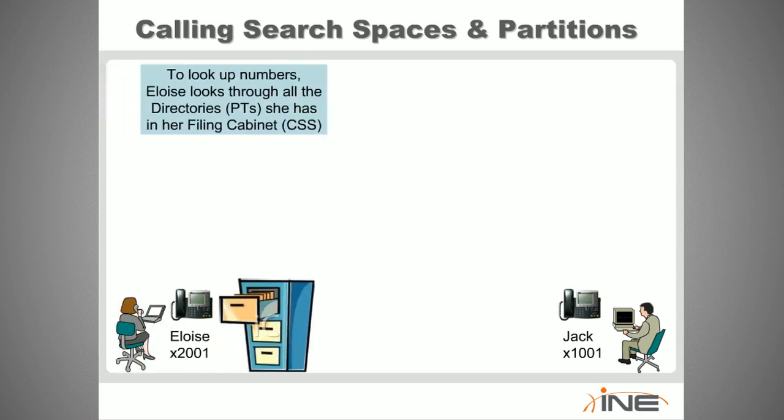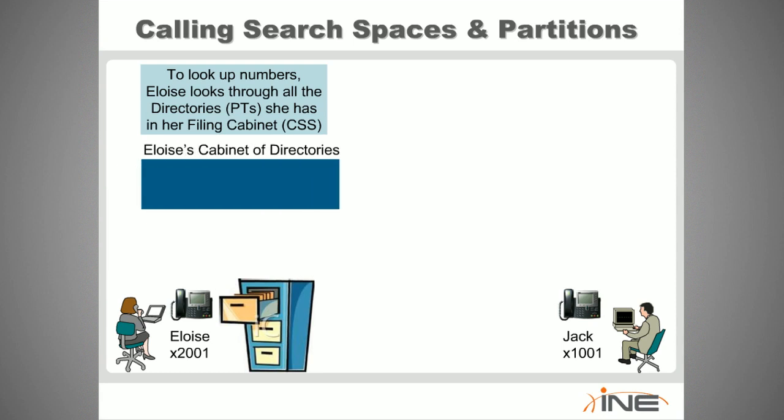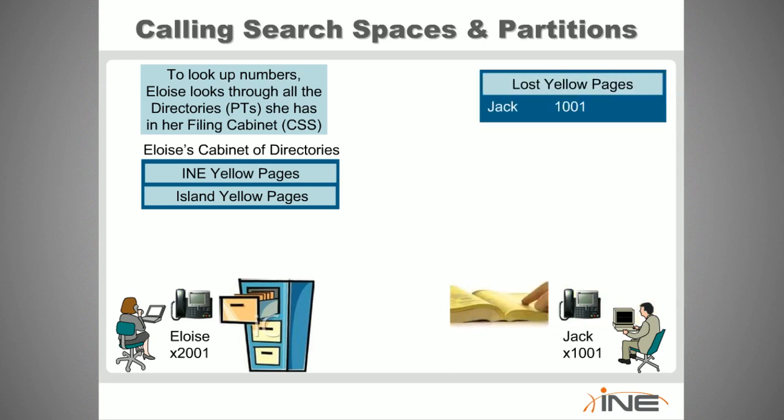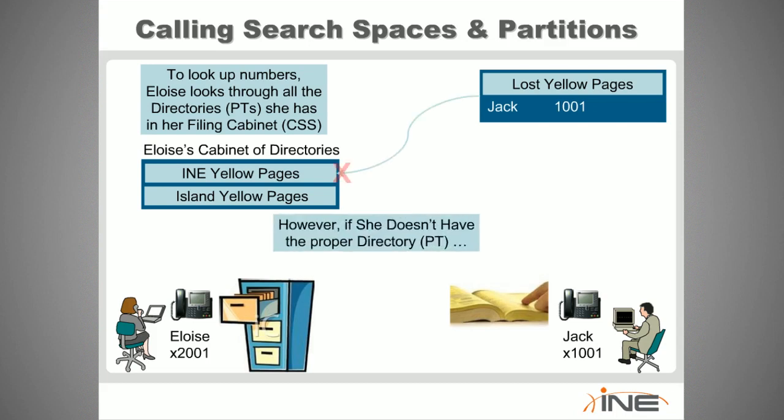Okay, so let's take a look at an example. Eloise at extension 2001 goes through all of the directories or partitions that she has in her filing cabinet, or calling search spaces, to try to call Jack at extension 1001. In Eloise's cabinet of directories, she has the INE Yellow Pages and the Island Yellow Pages. However, Jack is in the Lost Yellow Pages.